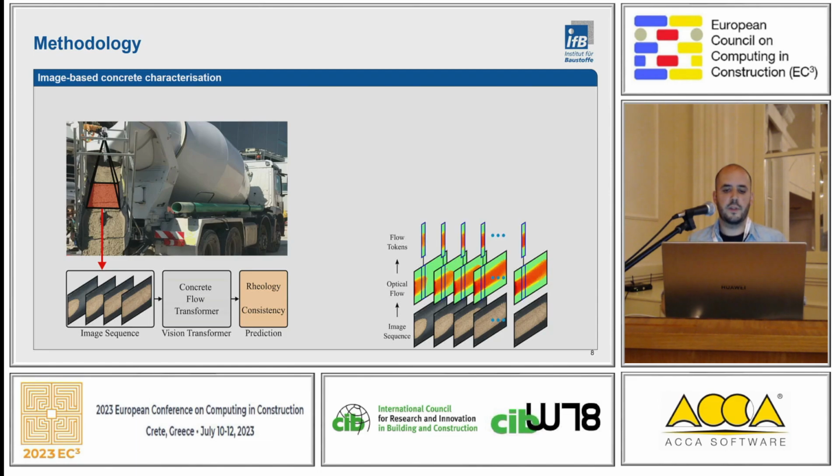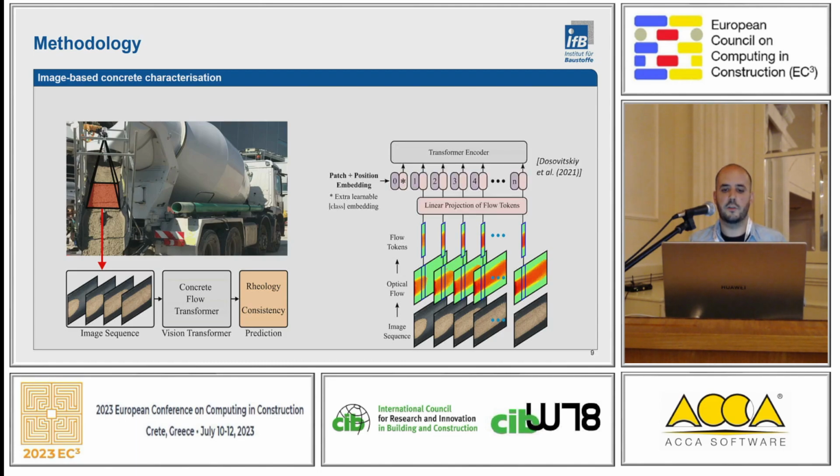Assuming that in the flowing direction we have a constant flow in each image line, which means we have redundant information in flowing direction, we decided to only cut out a slice of the dense optical flow maps and use these as flow tokens, which are then used as input to the transformer architecture. So they're linearly projected, and we create the flow tokens from them.